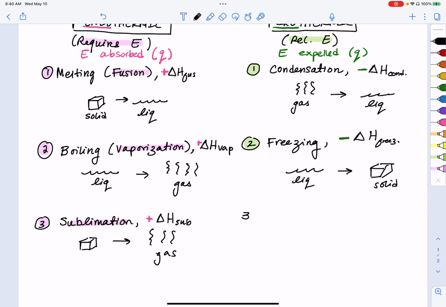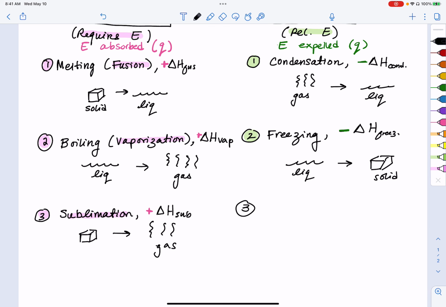And then finally, we can go straight from our highest energy phase, the gaseous phase, down to our lowest energy phase, the solid phase. This is called deposition. Thin layer deposition is actually an engineering and chemical process that's really commonly used in the development of microchips, right?